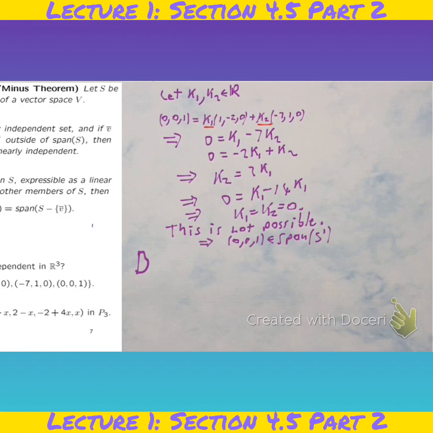Alright, so you can say that by the plus-minus theorem, the linearly independent set S prime, which we said were those two vectors, union with the vector (0, 0, 1) is linearly independent.